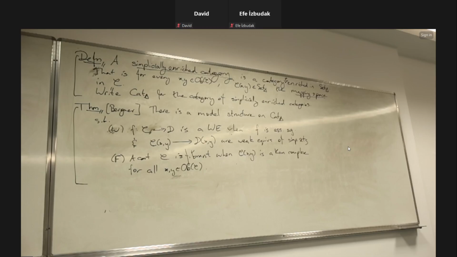Any model category is completely determined by either its set of cofibrations and its set of weak equivalences, or its set of fibrations and its set of weak equivalences. The fibrations are not terrible to write down here. I'm just writing only this because we won't really need the fibrations explicitly. The cofibrations in this model category are messy and best characterized as the things that have the left lifting property with respect to the trivial fibrations.